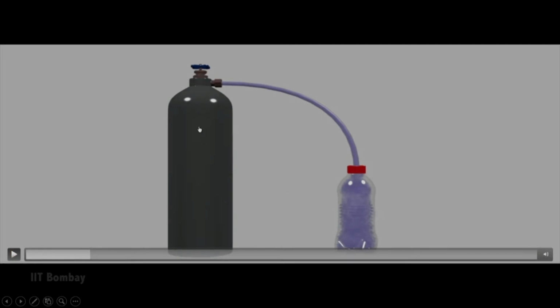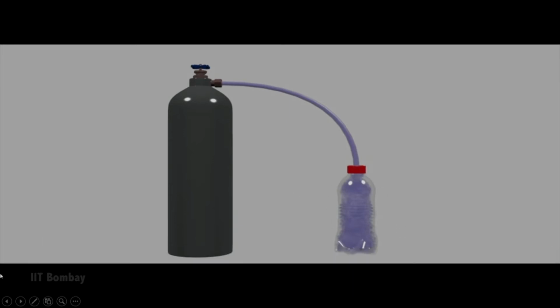So, what I am doing here is, this is a gas cylinder and I am pushing pressurized gas into this small bottle, and the gas gets transferred to the bottle and it occupies the entire volume of this bottle.